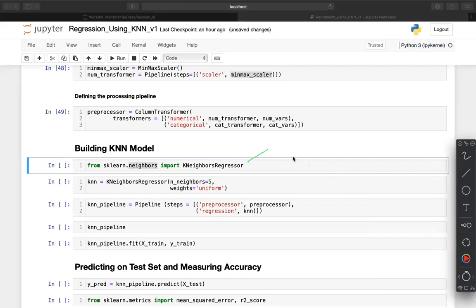It can be used for regression, and it can also be used for classification. For classification, we have a class called KNeighborsClassifier. So you have to import the appropriate class based on whether you are doing regression modeling or classification modeling. In this particular example, we are doing regression, so we have imported KNeighborsRegressor here.